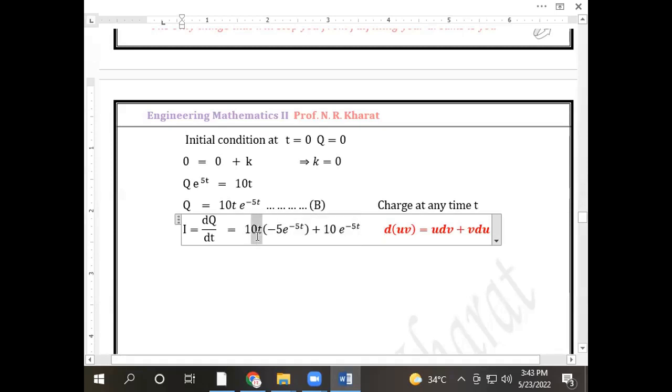The first function, 10t, remains constant. We differentiate e raised to minus 5t; its derivative is minus 5 times e raised to minus 5t. And the derivative of t is 1. So we got this.